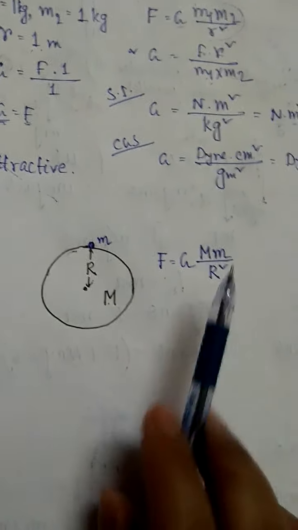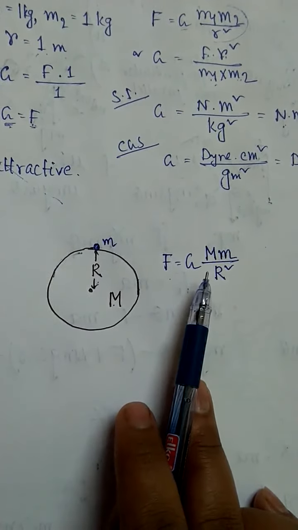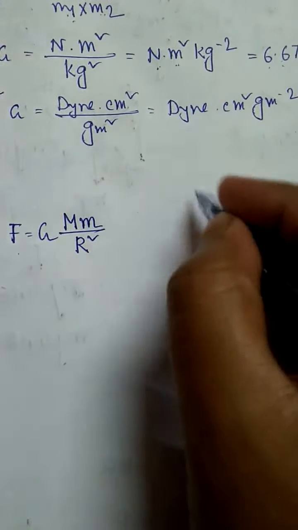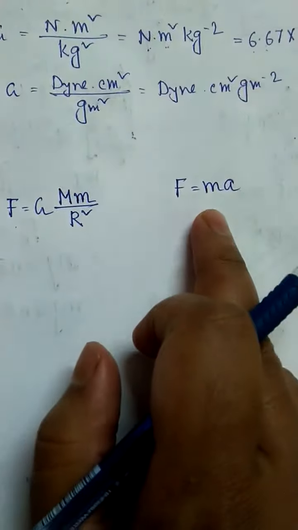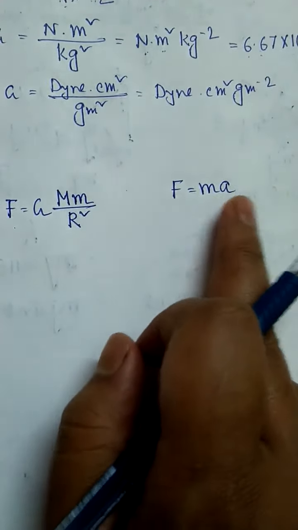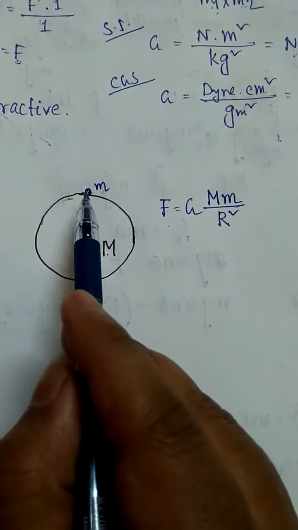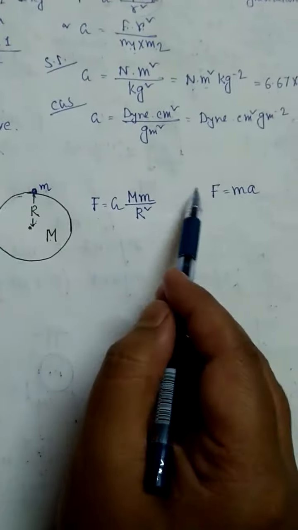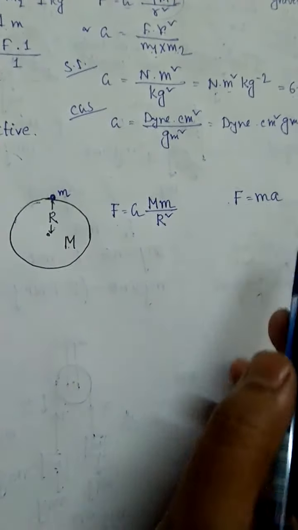Now let's find the acceleration due to gravity. From the previous lesson, we know that according to Newton's second law, F equals ma, that is force equals mass into acceleration. Now if you consider this object, the force on it is its mass into its acceleration.